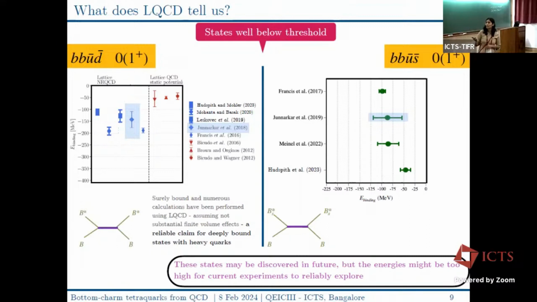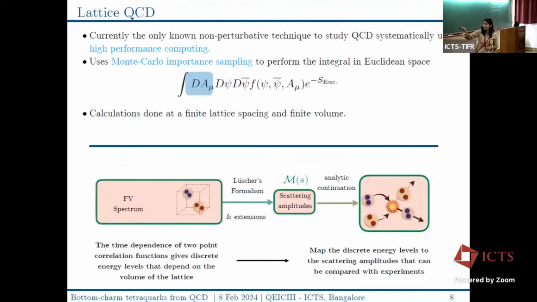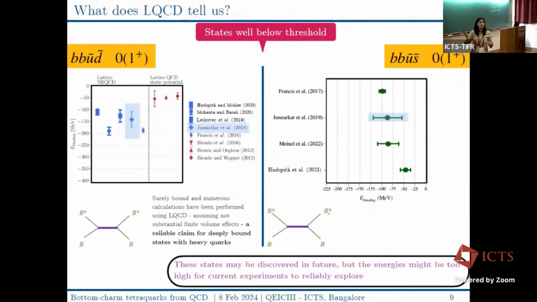As I mentioned, we have to map it. This mapping is non-trivial, but in this case, because it's deeply bound, we don't really need to do the mapping. And these are pretty well understood within lattice QCD, but experimentally, these have not been seen yet. Maybe the energies are a little too high because it's got double bottom.